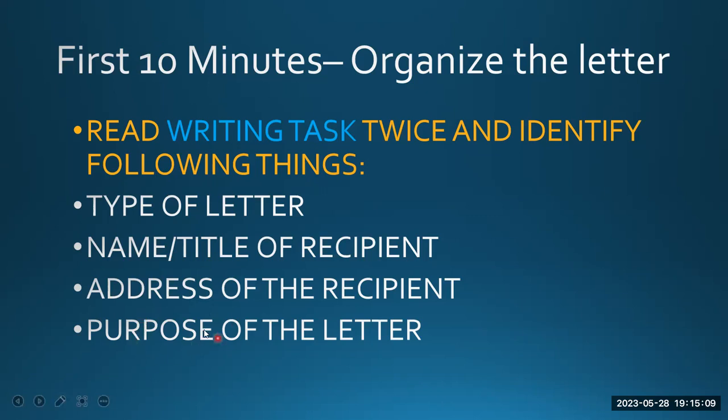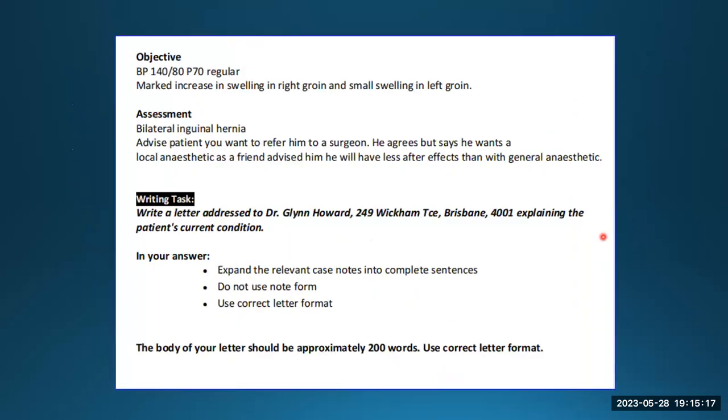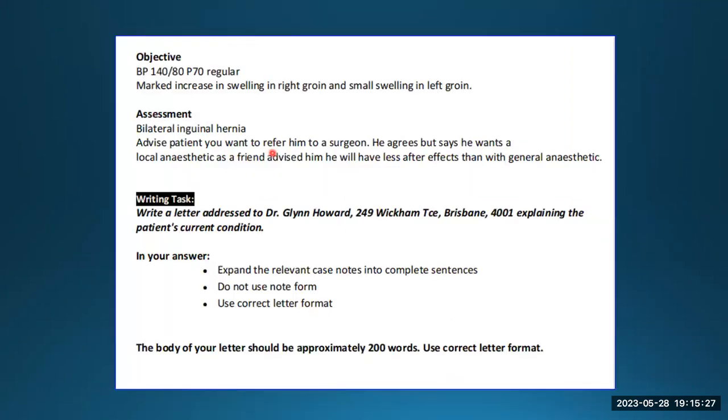Sometimes they will give you the purpose of the letter as well. Let me show you. The writing task will be at the end of the case note, just like this. The case note starts from here, and this is the second page, and in the end you will see the writing task. For example, what is the writing task?